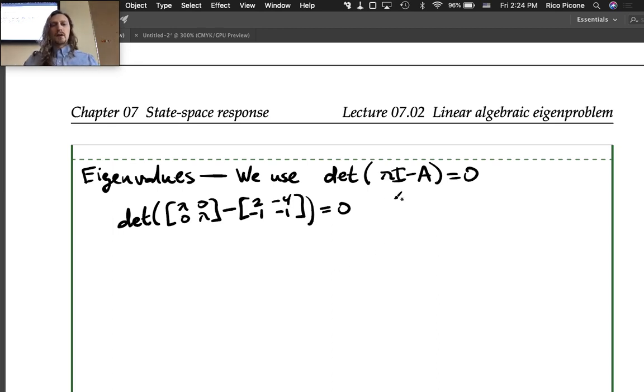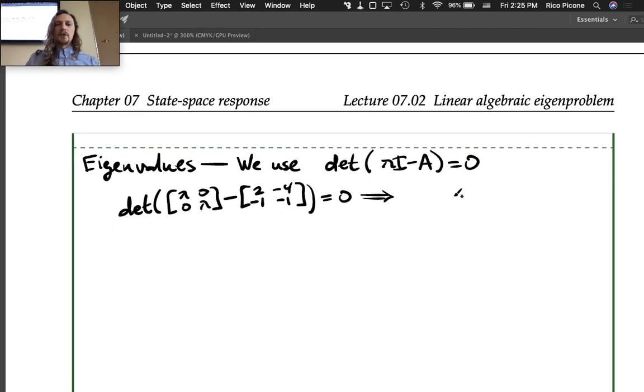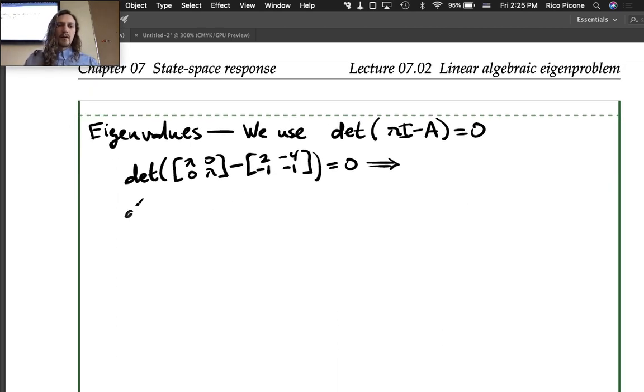Okay, that's great. Let's do the subtraction step. Determinant of lambda minus 2, it's element-wise, right? 0 minus 4 is positive 4. 0 minus -1 is positive 1. Lambda minus -1 is lambda plus 1 equals 0.